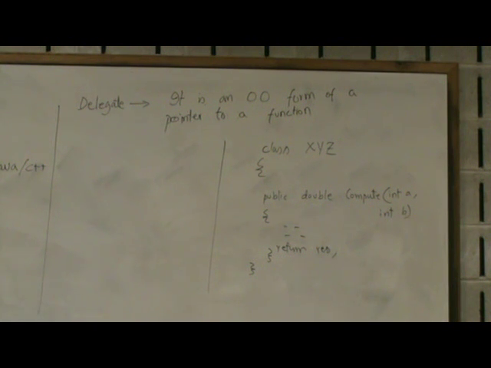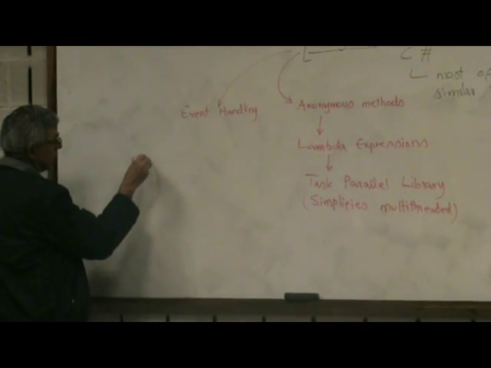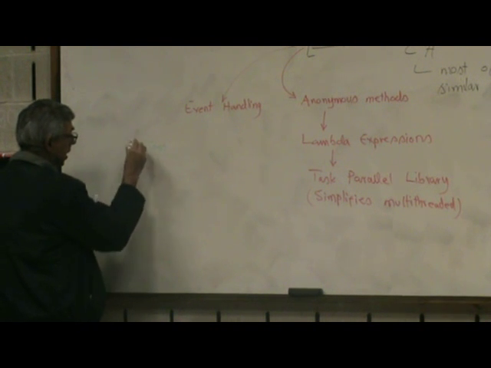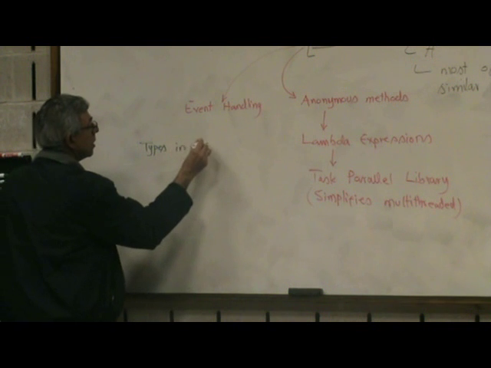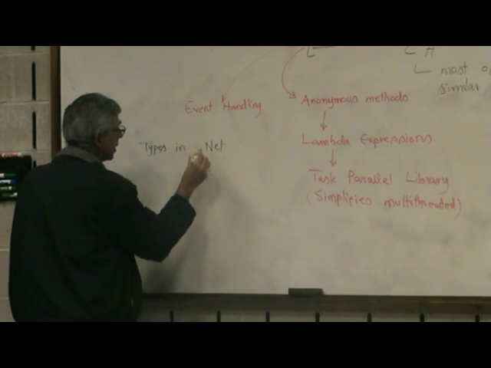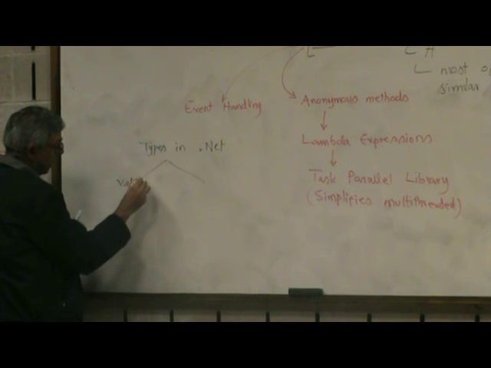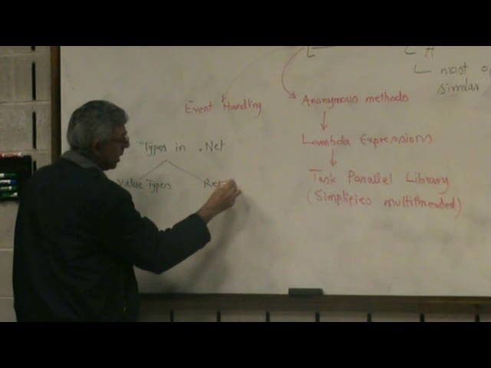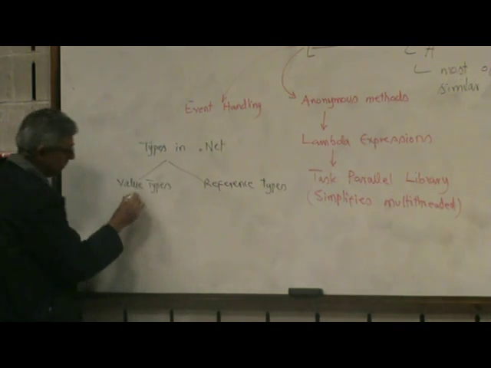Remember we had discussed some time ago the concepts of types in the .NET system, and we talked about value types and reference types, right? What are value types?